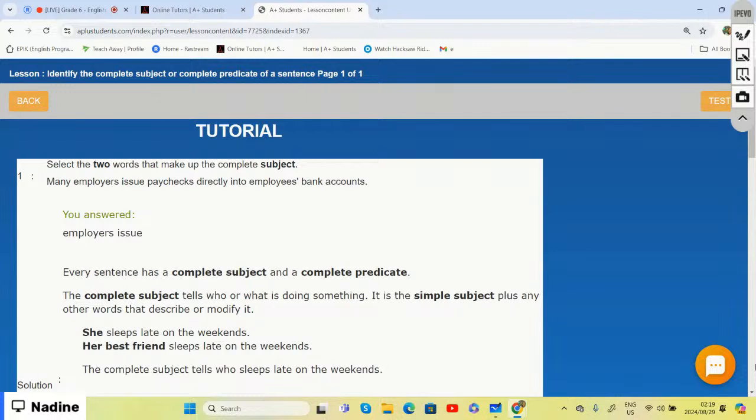We already explained what a complete subject is and what a complete predicate is. So now we're going to select two words that make up the complete subject.